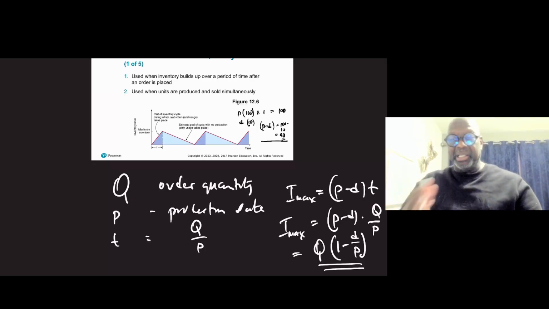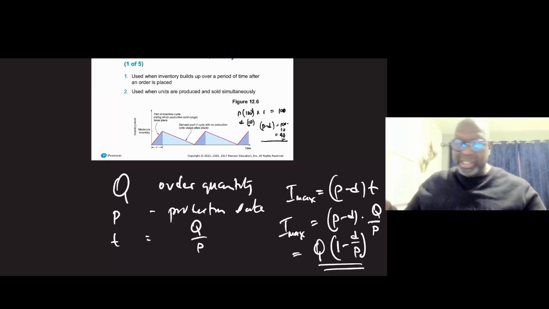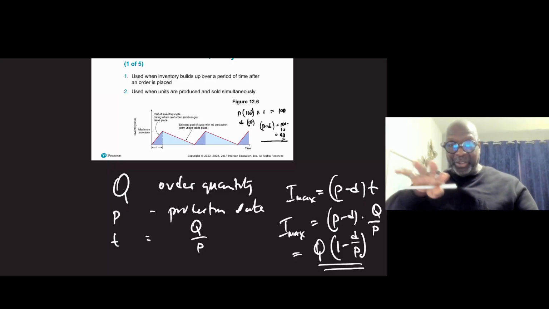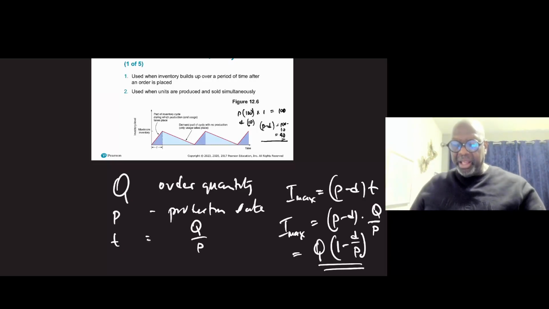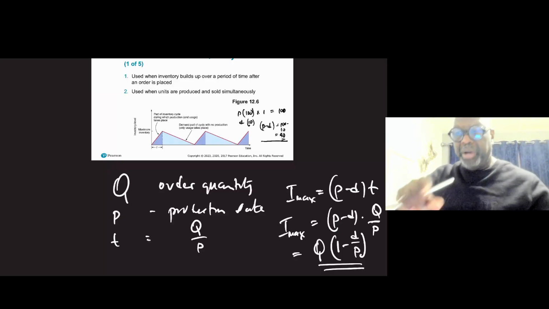It makes sense because, like I said to you, if I'm making 100 loaves per hour and I'm consuming 10 of them to make sandwiches at the same time, and some will be sold as bread by itself, not as sandwiches, then the amount that I will actually have accumulated for sale as loaves will be 100 minus 10, which is 90 units per hour.